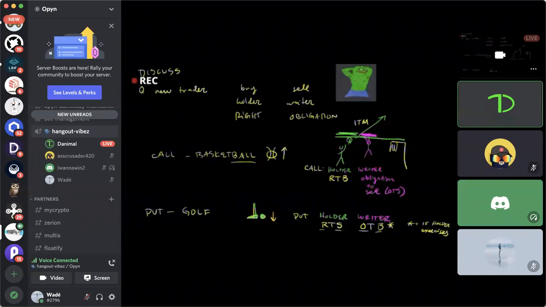They're the putter and they're on offense, and they want the ball to fall below the cup. So this would be the holder. And then the writer is on the other side on defense. They're watching, thinking, no, please don't go in. They see that line of defense in the sand below their surface as a put writer.